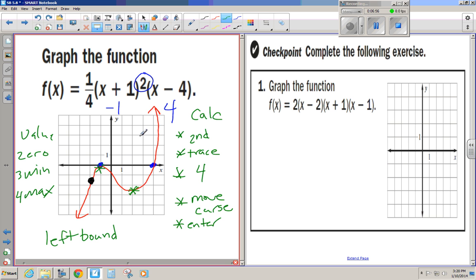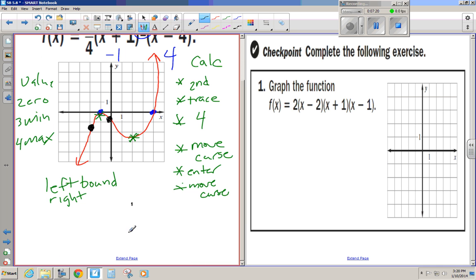And it says right bound. So you're going to move your cursor to the right until you are somewhere to the right of the maximum value. When that happens, you hit enter. And then the word guess appears.